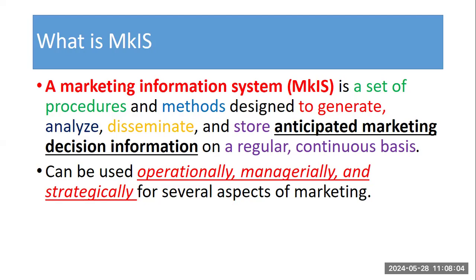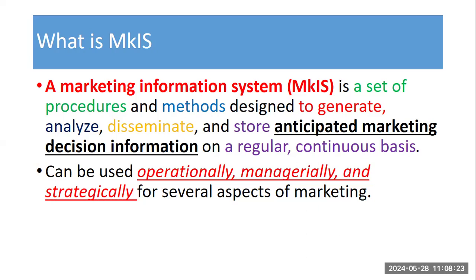So a marketing information system is a set of procedures. You all know that if there is any system, to run the system, they normally set up procedures and methods.